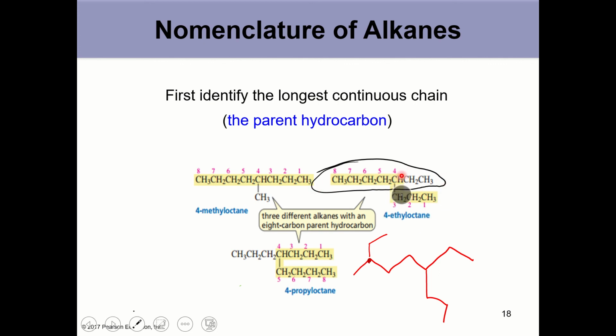And that is because the branch point is closer to the terminus from the right. And if you look at the molecule to the left of that one, again, they started at the right. And the only reason we start at the right is because the branch point is closest to the end of the right terminus. The terminus being the end of a chain.